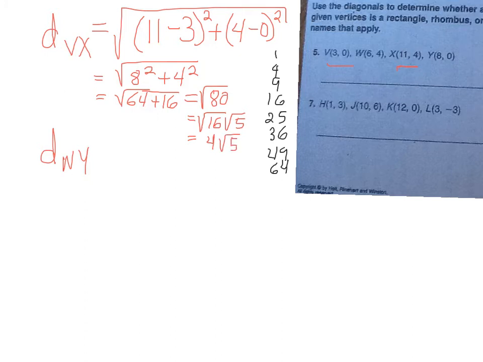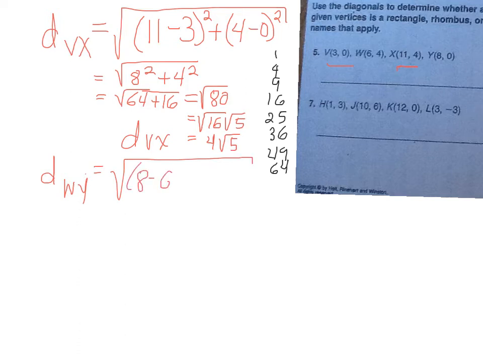My head hurts. Okay, so we got the distance of VX. So the distance of VX is 4 square root of 5. Now let's get the distance of WY. So 8 minus 6, quantity squared, plus 0 minus 4, quantity squared. Okay, so 8 minus 6 is 2, and that would be squared, and this is going to be negative 4 squared.